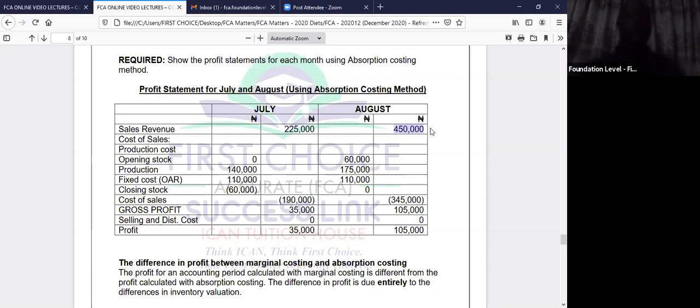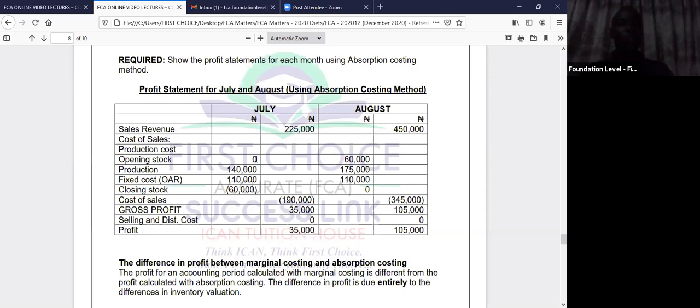Beautiful. Another thing that is also constant is this production cost. Now, this production cost here is also constant. Then we have our opening stock.